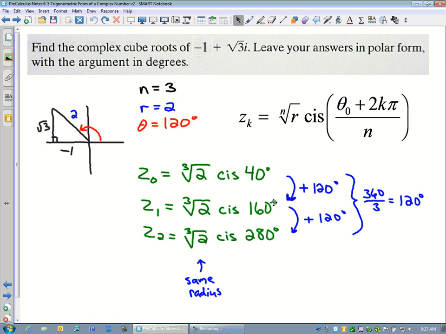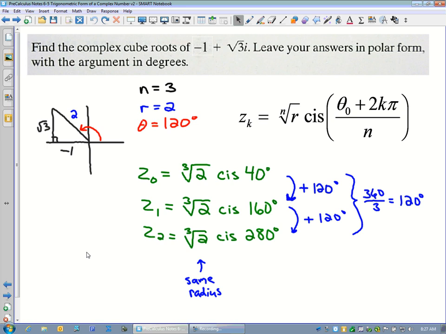So we can see that these are all going to be evenly spaced, which is a very important thing to recognize. Because in reality now, once you know this, all you really have to do is figure out the first one, which when k is 0, you don't even have to worry about that at all. So figure out the first one, and then these are all evenly spaced, and these are all the same. You can just go right down the list and find the rest of them.